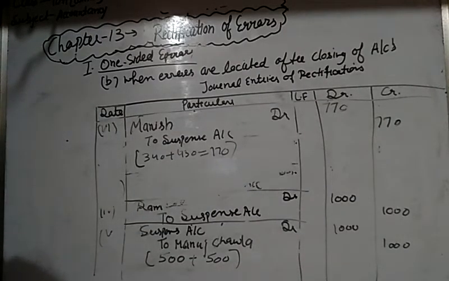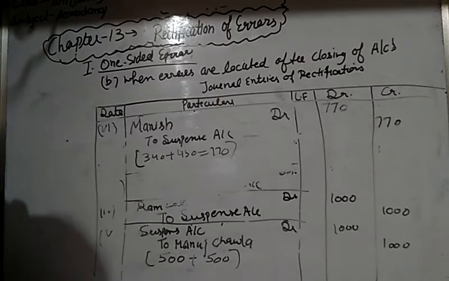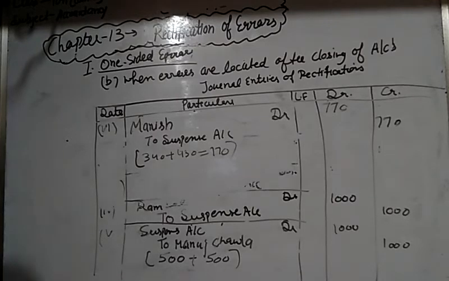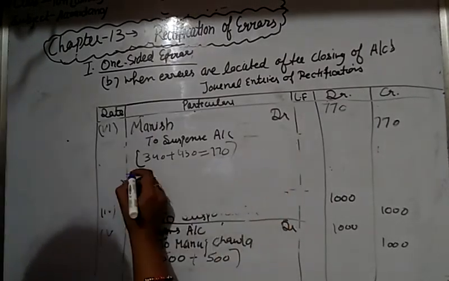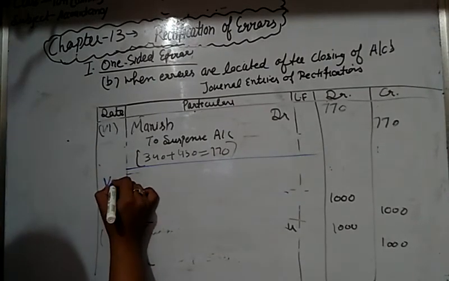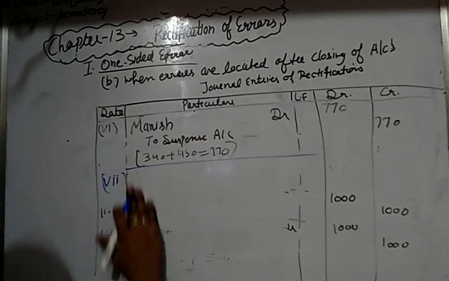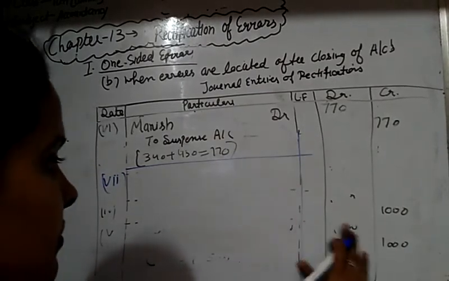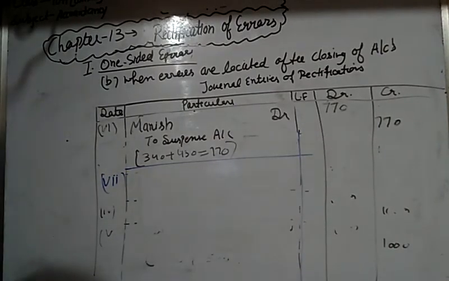After that, the last transaction is 7. Sales return book balance of rupees 500 was not included in the books.